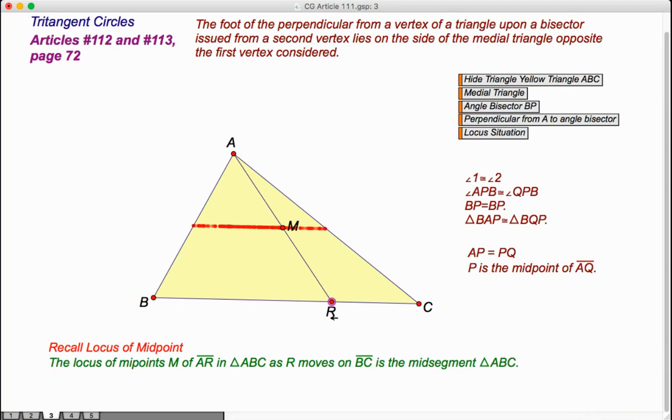As a matter of fact, this particular locus here, if I show you the medial triangle, coincides with that mid segment. Okay, this is a midpoint, and that's a midpoint, and therefore this is the mid segment. So that locus is indeed the mid segment. Thus, okay, let's hide this one now.